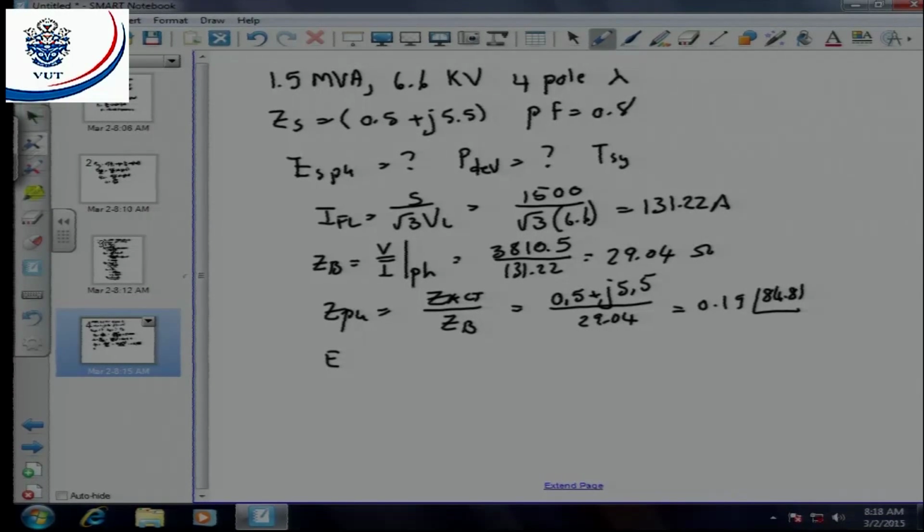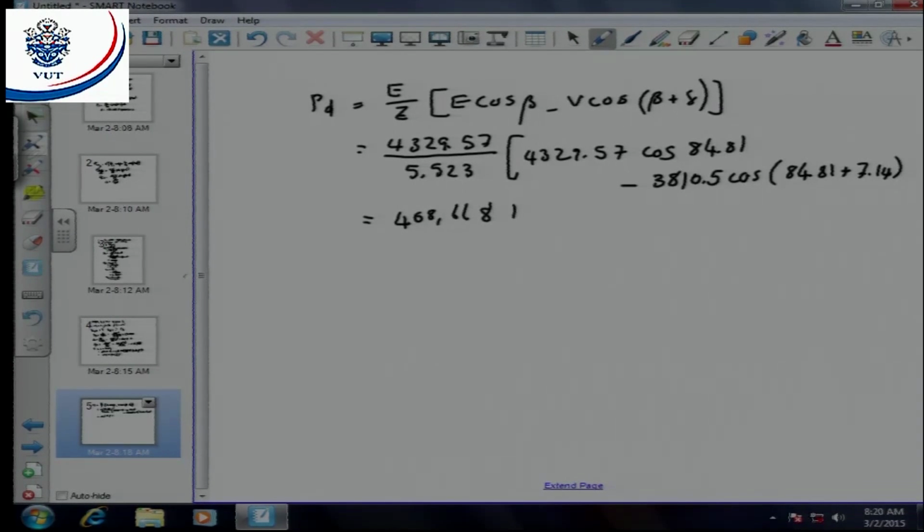So that gives us 4329.57 divided by 5,523 times (4329.57 cos of 84.81 minus 3810.5 cos of (84.81 plus 7,14)), which gives us 408.668 kilowatts per phase, and total will be 3 times that, which is 1225.98 kilowatts.